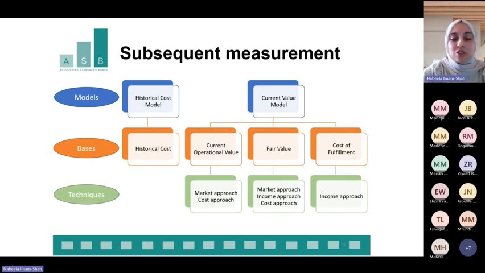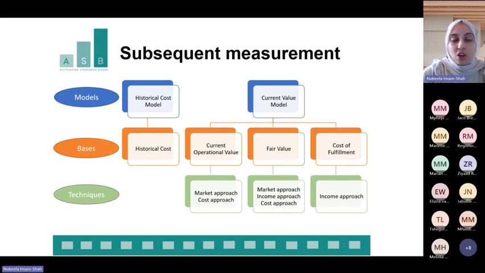Looking next at measurement bases. The measurement bases are the specific ways of measuring assets and liabilities under the measurement model selected. So you will see in this diagram that under the historical cost model, there is just one measurement base, that is historical cost. Under the current value model, there are three bases, which are current operational value, which is for assets, fair value for assets and liabilities, and then cost of fulfillment for liabilities only.